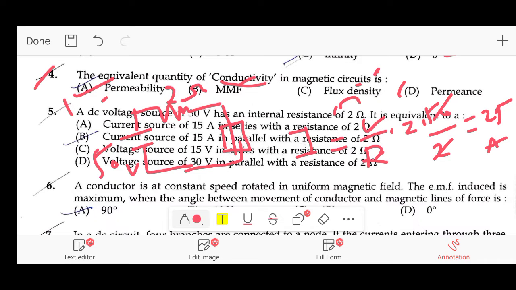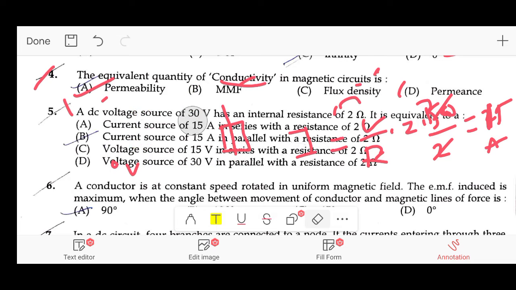It is given 30 by 2, 15 amps current source in parallel with a 2 ohm resistor, because in a current source the internal resistance is connected in parallel. So the answer is going to be B.